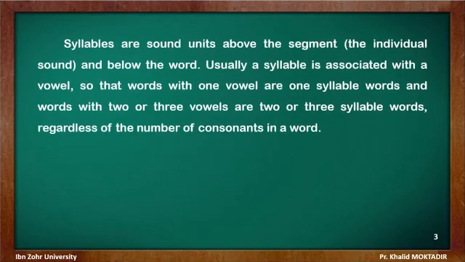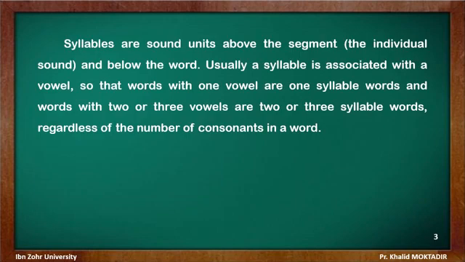Now, let us look at what we mean by syllable first. Syllables are sound units above the segment, that is the sound, and below the word. Usually, a syllable is associated with a vowel, so that words with one vowel are one-syllable words, and words with 2 or 3 vowels are 2 or 3-syllable words, regardless of the number of consonants in a word.